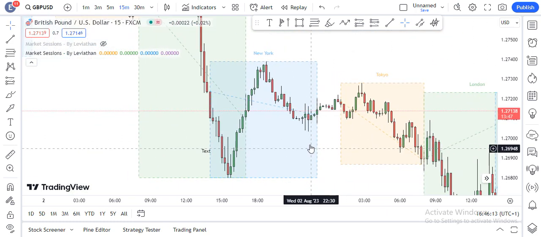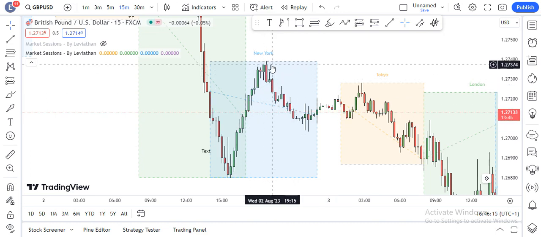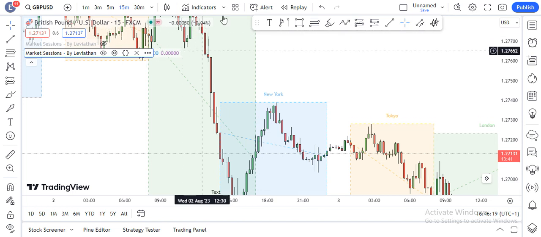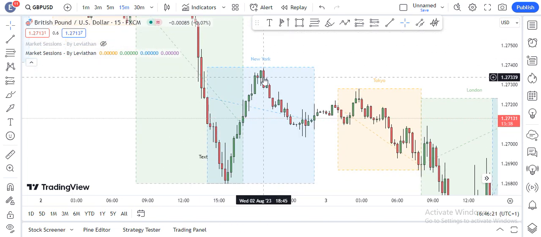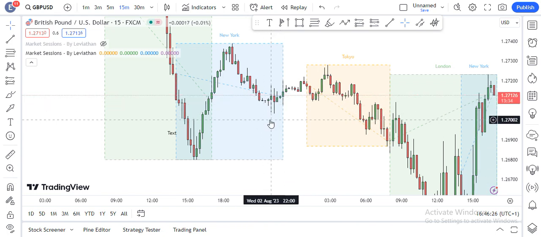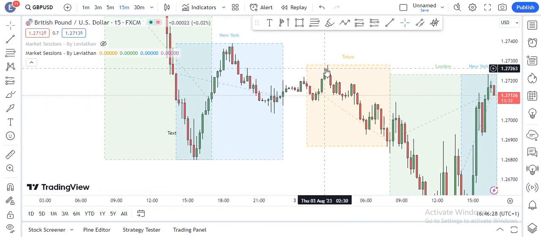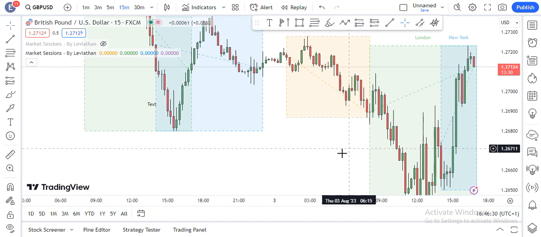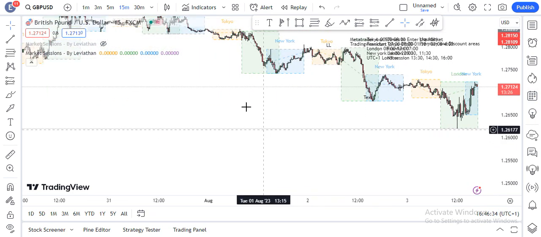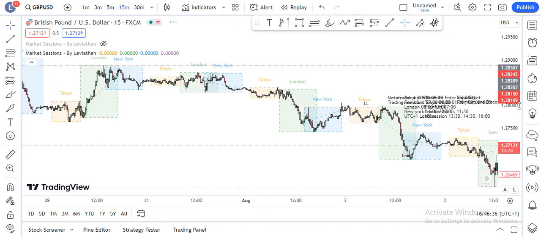The market is going to make this high, but this high is still relatively low compared to the high that was here. That's why this high is called a lower high, and this low is called a lower low. So that is market structure in the downtrend.